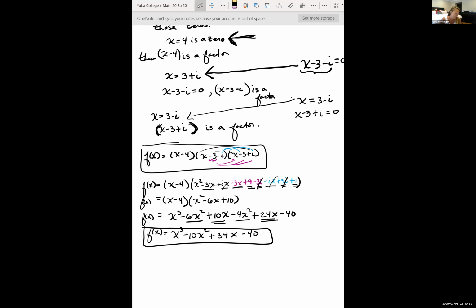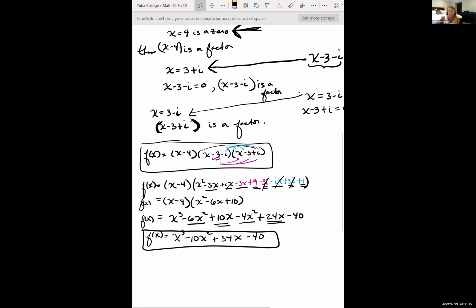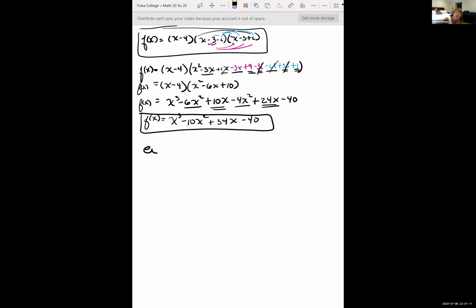Okay, so let's look at where they give us some information. They actually give us the polynomial, and they actually give us some information about a 0. And we have to find the remaining zeros.